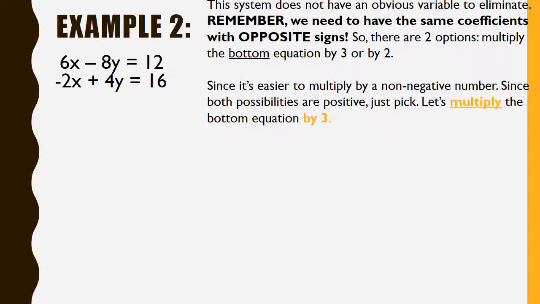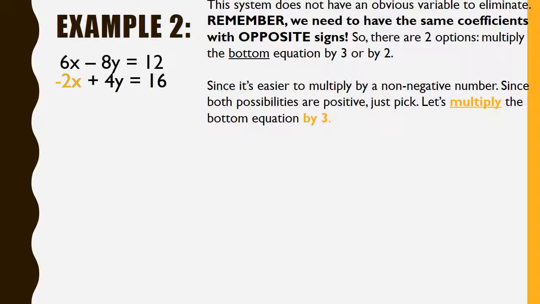And when we do that, we change our 4y to a positive 8y. And the negative 8y from the first equation will eliminate with that positive 8y. So really, we've got two options, and it really doesn't matter which one we do, so let's just pick one. Let's multiply the bottom equation by 3.